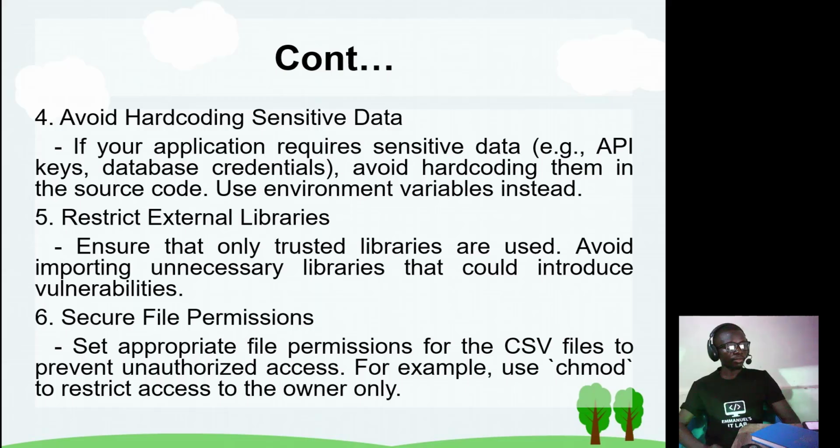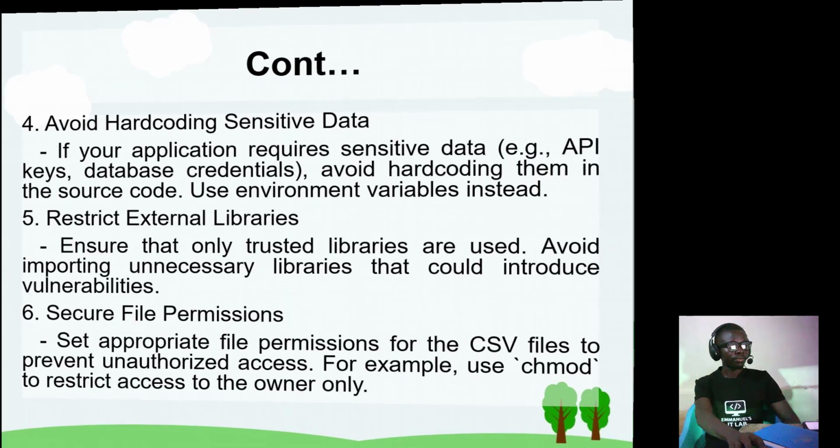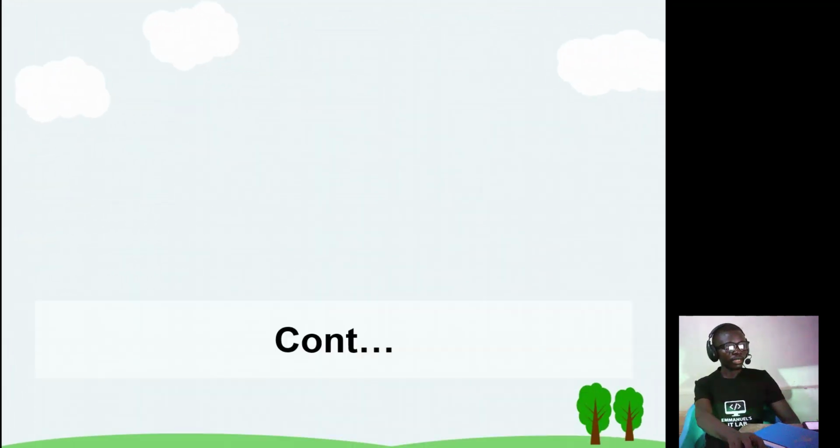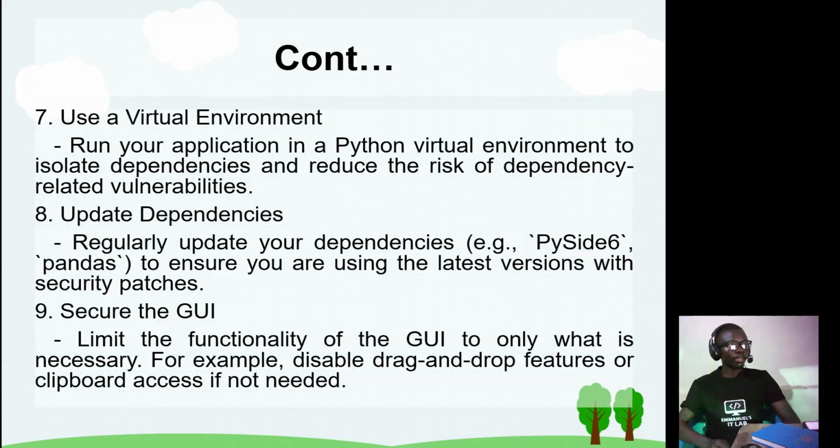Ensure file permissions are secure: set appropriate file permissions for CSV files such that there is no unauthorized access. Then also use virtual environments. Run your Python in a Python virtual environment to isolate dependencies and reduce risk of dependency-related vulnerabilities.